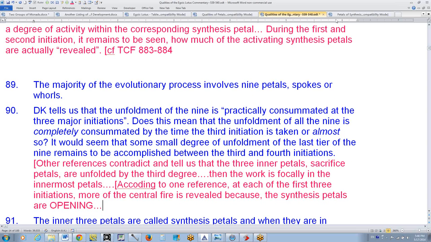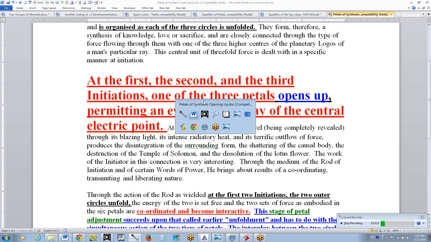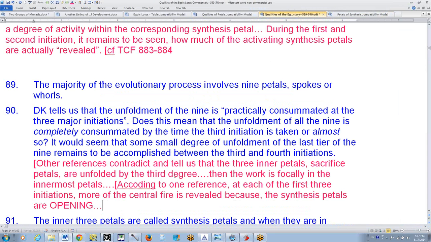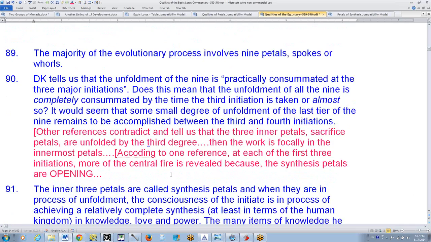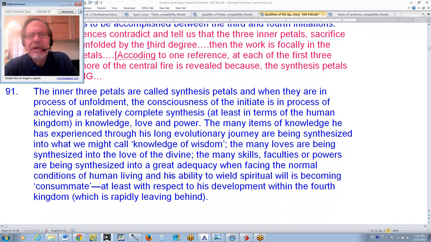I think that's the word that was used. Well, ever freer display. Opens up, yes. One of the 3 opens up. It's there. You know, until we can see these things directly for ourselves, there may be mistakes. And so many think they see these things and they don't, and there are mistakes, because it's simply the astral reflection of what's going on.